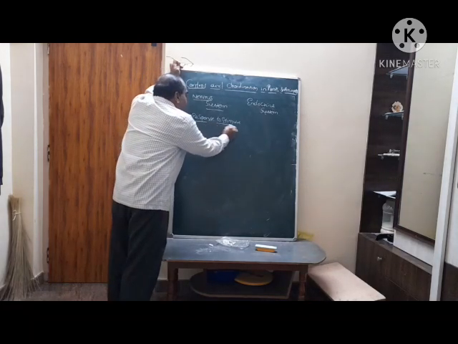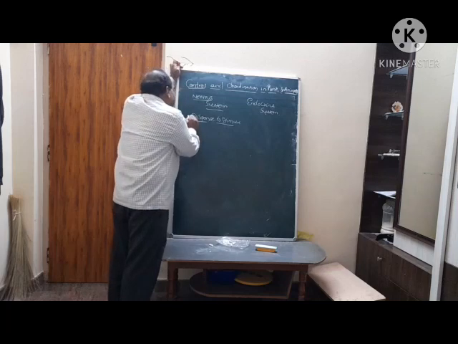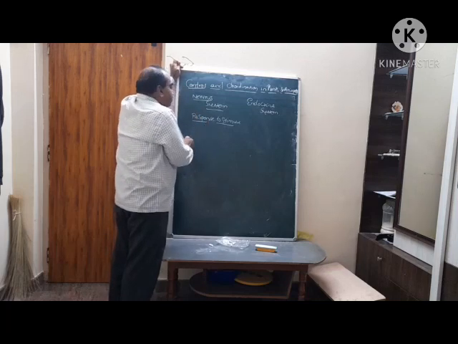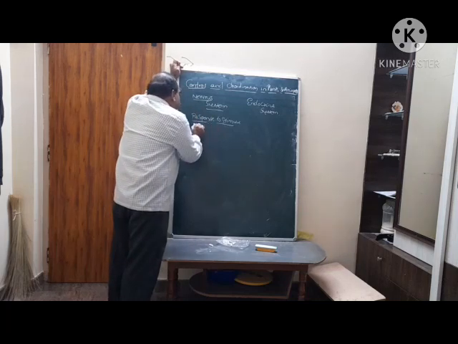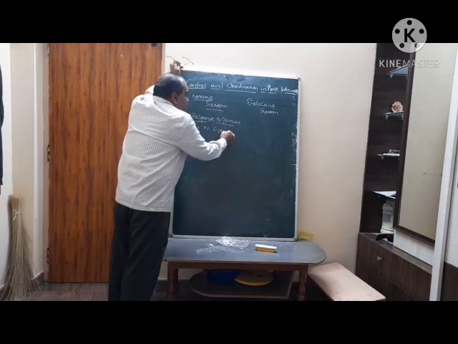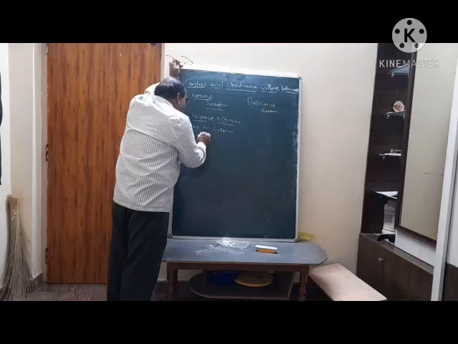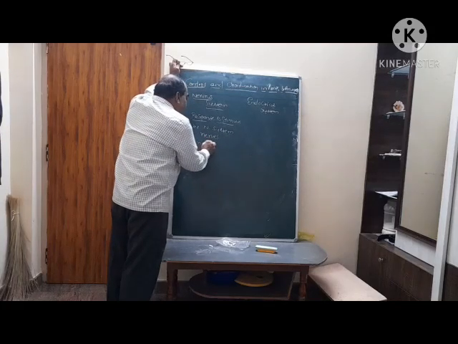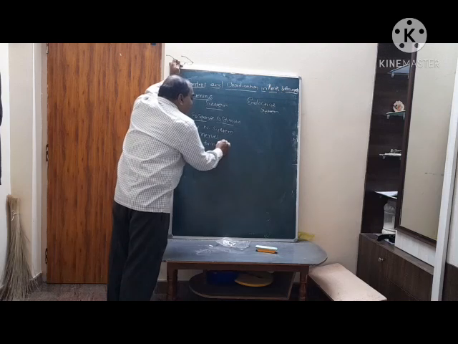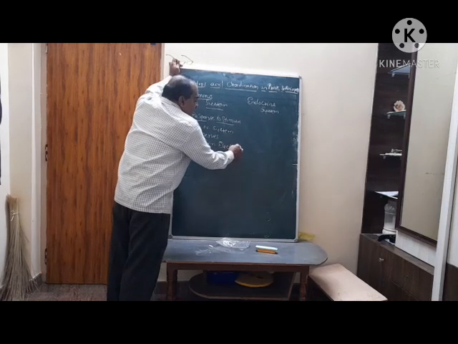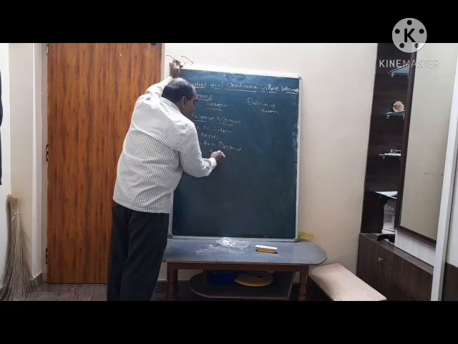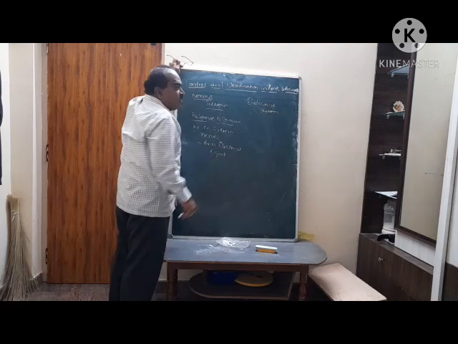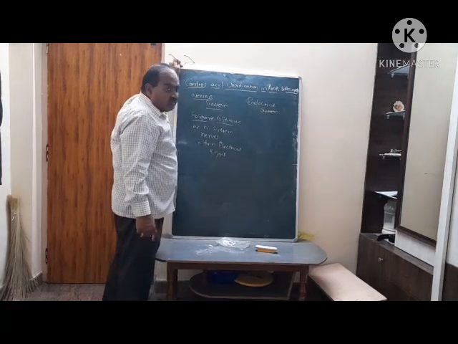So here, the response to the stimulus by the nervous system takes place through nerves in the form of electrical signals, that is, nerve impulses.